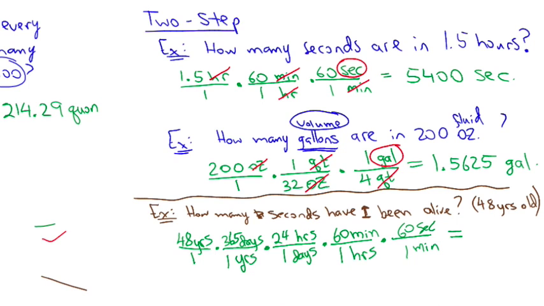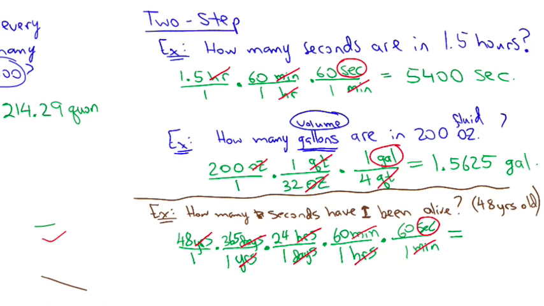Alright, so make sure everything goes away the way it should. Years goes away, days goes away, hours go away, and minutes go away. So the only measurement left from left to right is seconds. Now how do I find out how many seconds? They're all on the top.